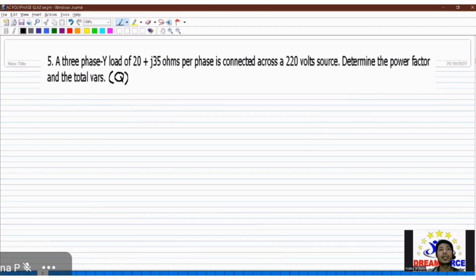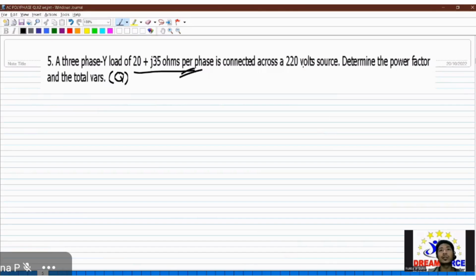Okay, so again, basic foundation po ulit ng polyphase. Para makuha si power factor and the total VARs, maraming paraan, no? To get the power factor, pwede kay S, pwede kay Z, pwede yung angle difference ng voltage and then the current. But as we can inspect on the problem, ang pinakamadali pong gamitin is si S. Or by inspection alone, pwede mo nang makuha kagad si power factor kasi ito na yung Z mo na given.